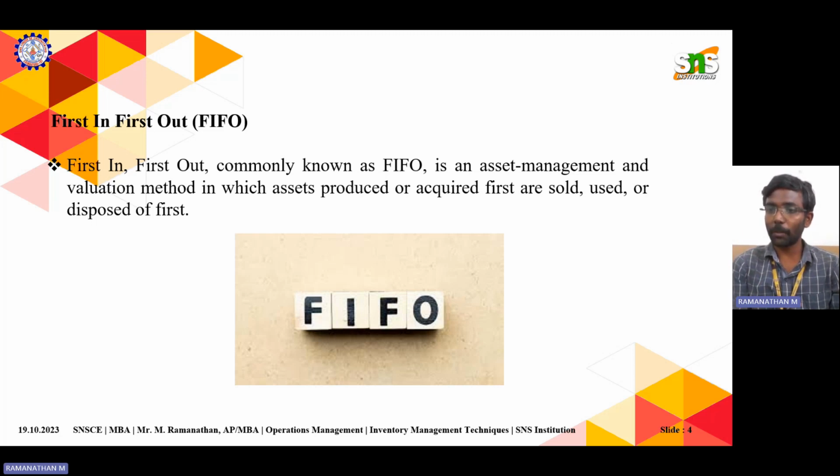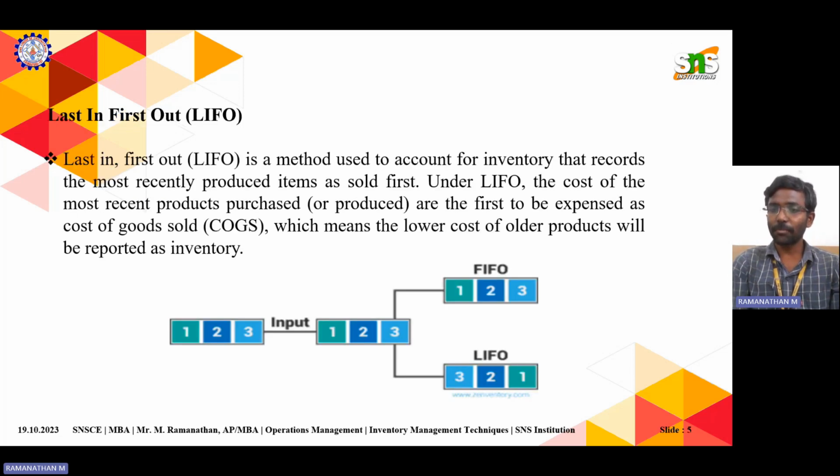If I purchase one commodity last month and also this month, when I start using those commodities, I will stick to the previous month's commodity first, and then go for what I purchased this month. If I purchase a raw material, based on the purchase order, I will take my raw materials. That's what we call first in first out.